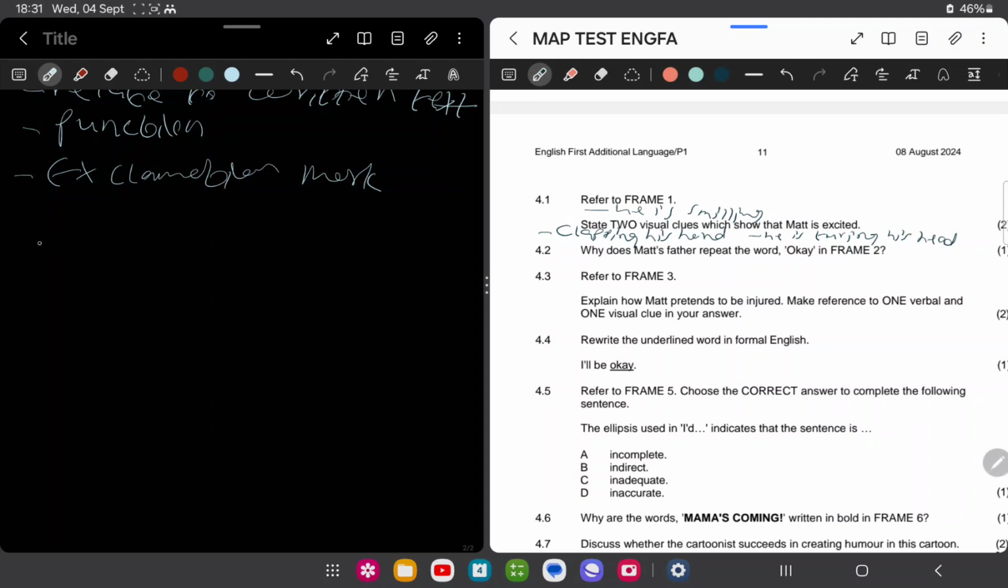Okay, let me write here. 4.1, he is smiling. Number 1, number 2, clapping hands.